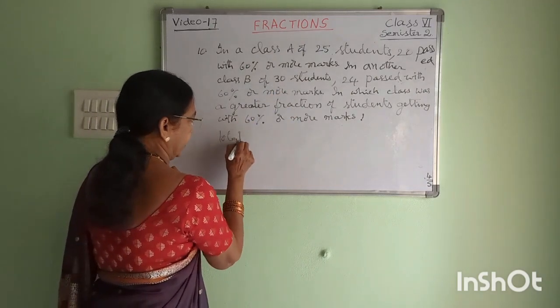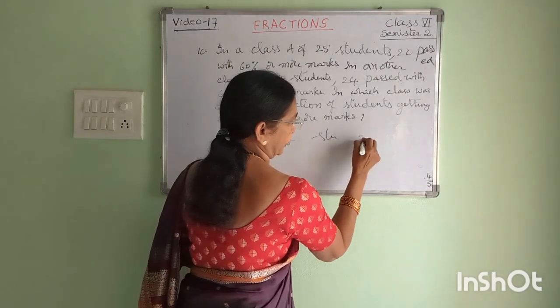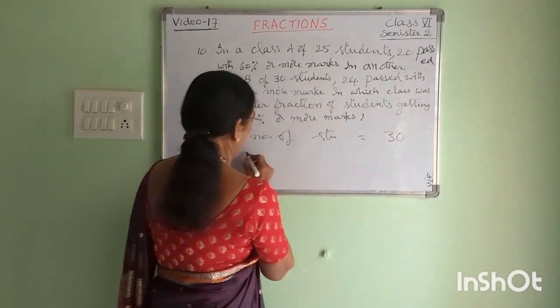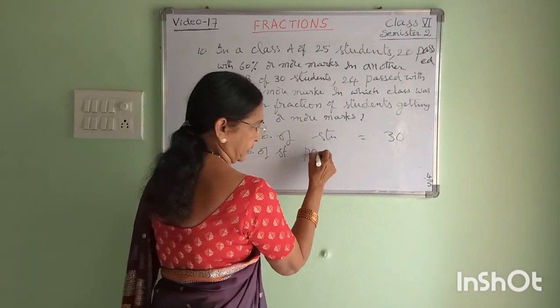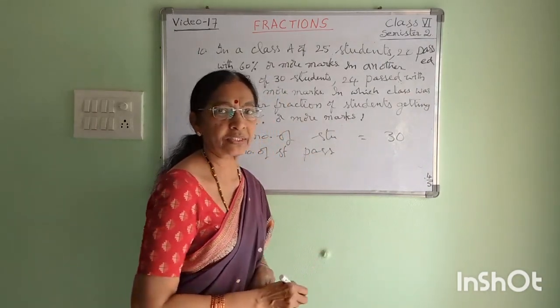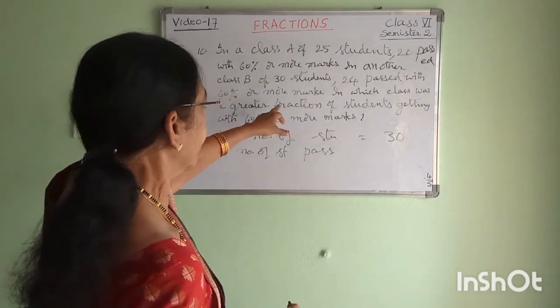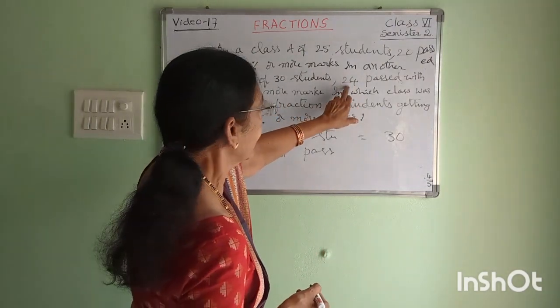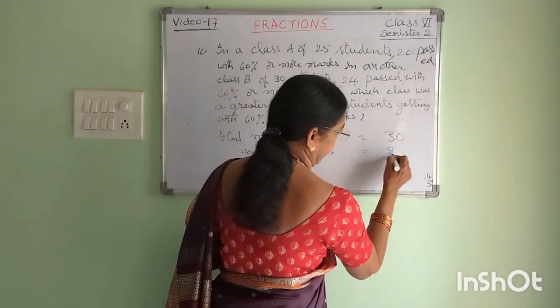So the total number of students is equal to 30. The number of students passed with 60% or more is 24.